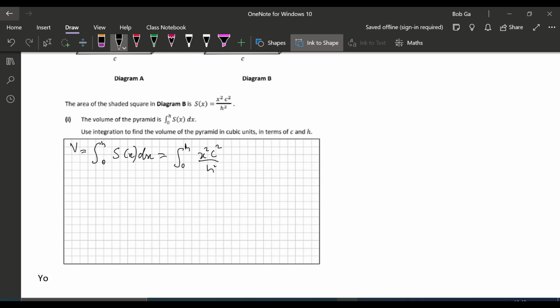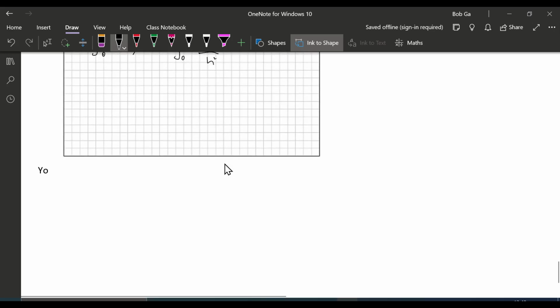All right, so next thing now, that's our integration. We're integrating the area function, so we just integrated the area function here. Now the next thing we need to do is calculate the antiderivative.